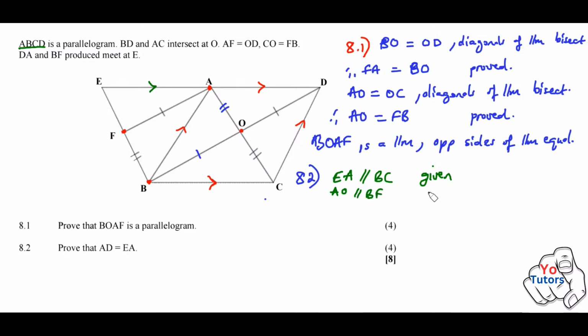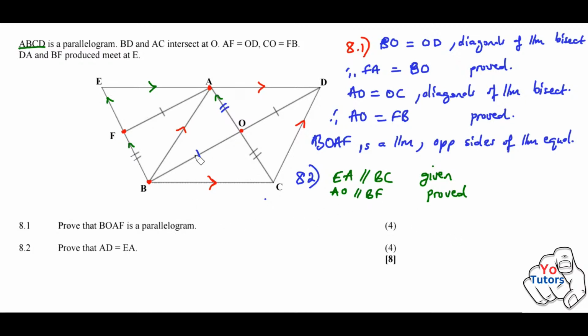Why are we saying that? We have proved that this is a parallelogram. So this side here is parallel to that side. So that will make the whole side parallel here. When here is parallel and here is parallel, it also means it continues like that, because it's in the same line. That's what we are saying here.